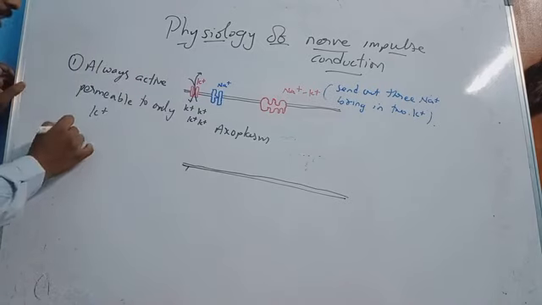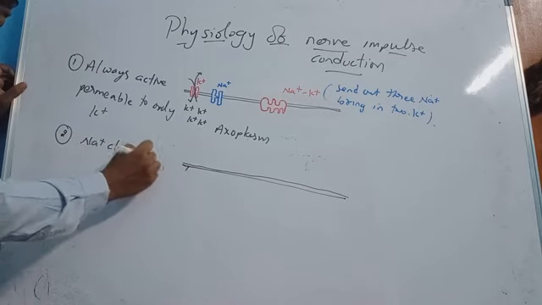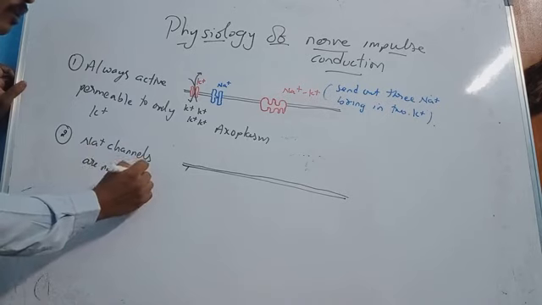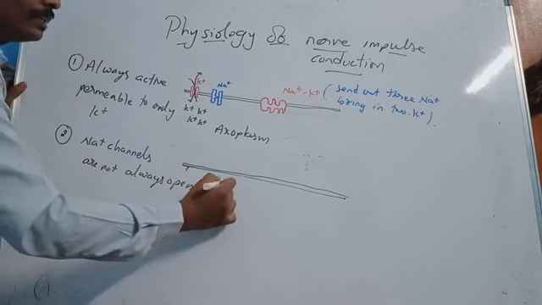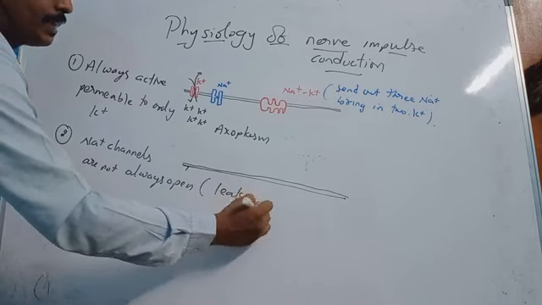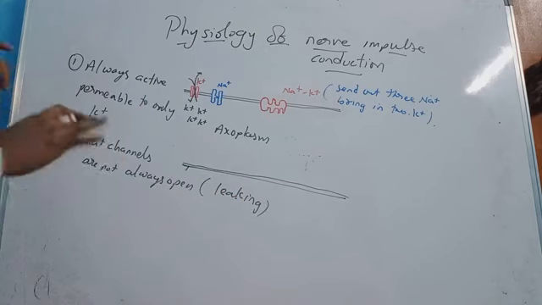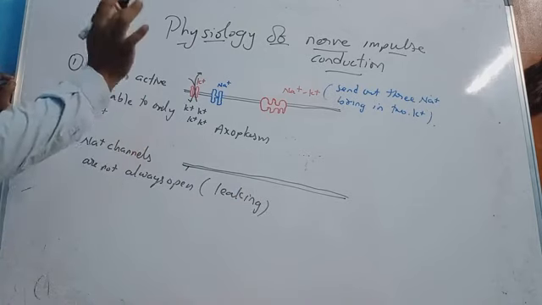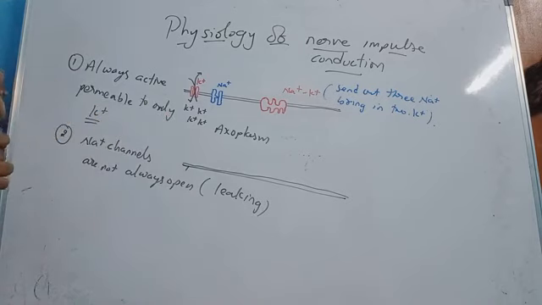But the second point, sodium channels are not always active, or not always open. They can leak some sodium ions according to the concentration gradient, but they are always closed. And these potassium ion channels are only permeable to potassium, they are not permeable to sodium.